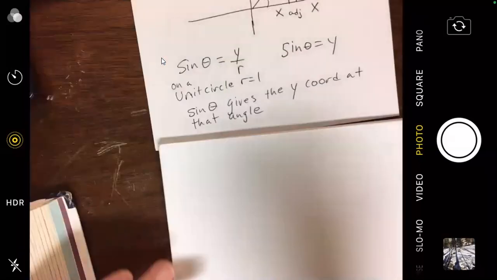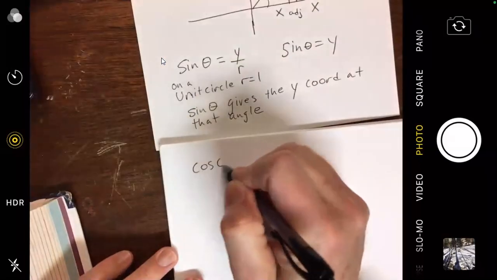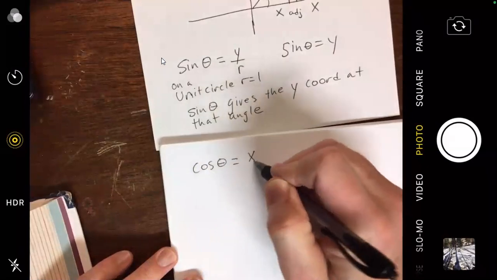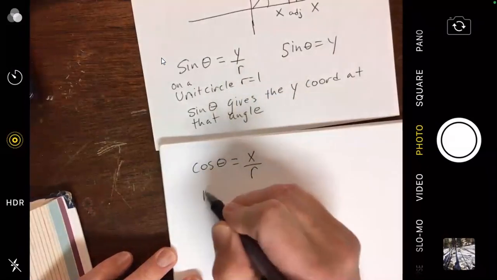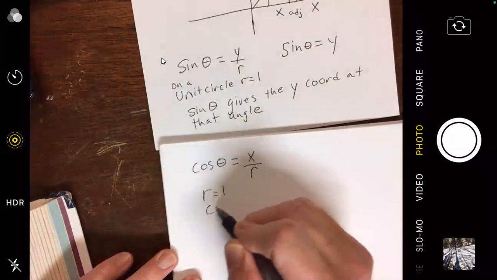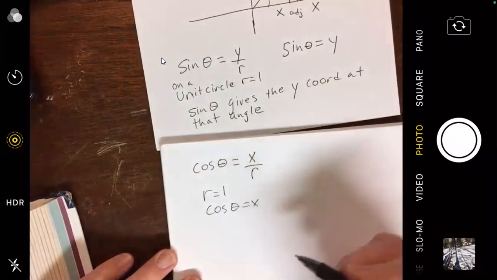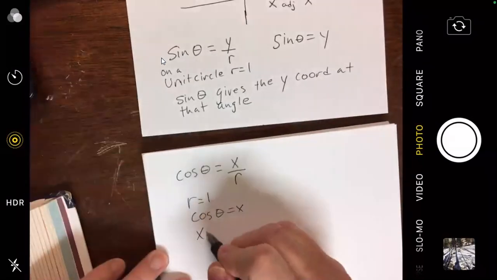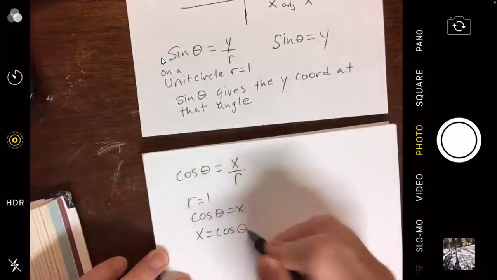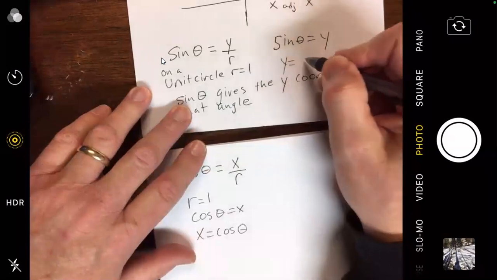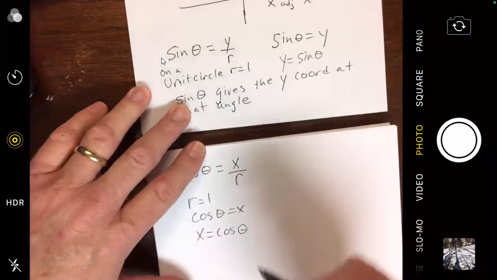Cosine of theta, the other basic one, is equal to adjacent over hypotenuse. Again, with r equal to 1, cosine theta is equal to x, or x equals cosine theta. Up here, I probably could have switched it around with y equals sine of theta.